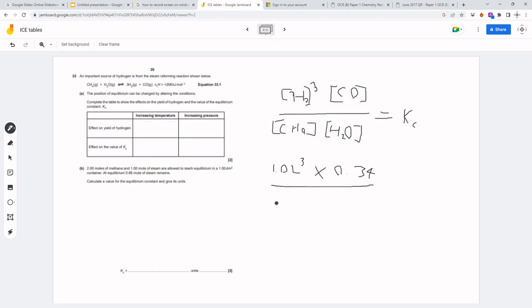One of them was 0.66, I think that's the steam, and the other was 1.66, and that equals Kc, which if we quickly shove into our calculators, is 1.02 cubed times 0.34 divided by 0.66 times 1.66, which should give you 3.29, but since the question has given us two decimal places, we're just going to put two decimal places, so that's 3.29.